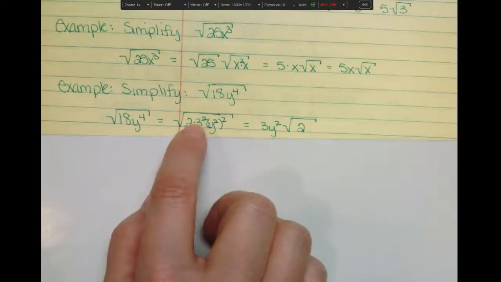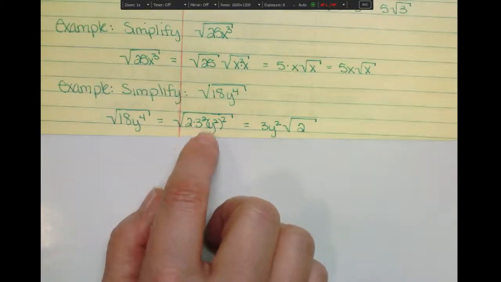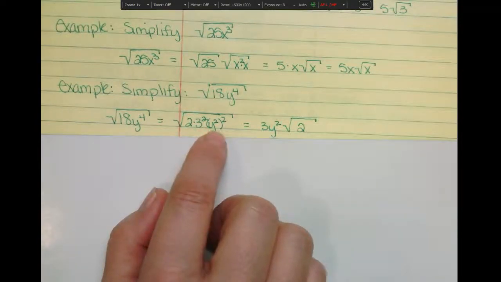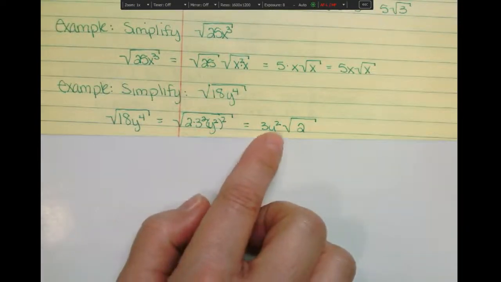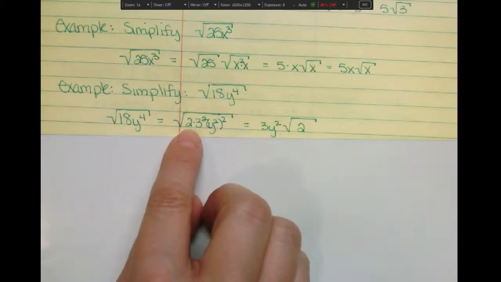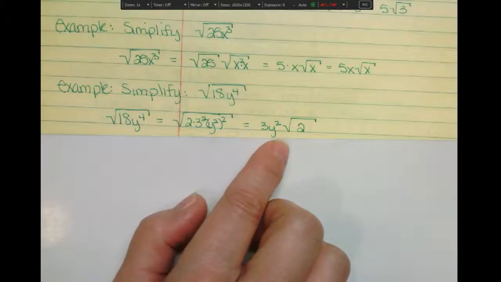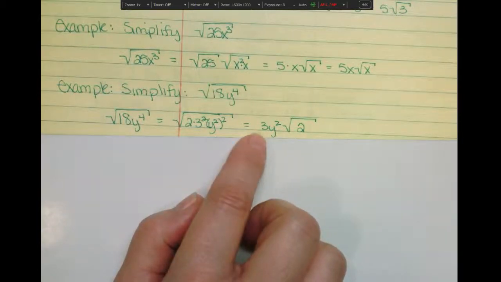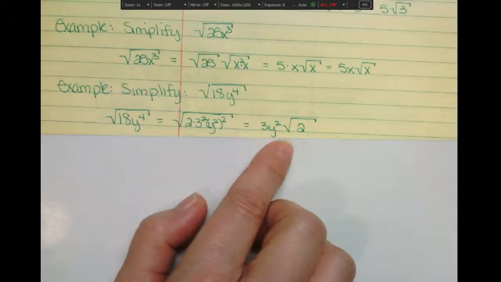So I have a square of a 3 and a square of a y squared. Both of these can come out of the radicand, giving me 3y squared, and the only thing left behind is the 2, so the 2 is under the square root sign. So 3y squared square root of 2.